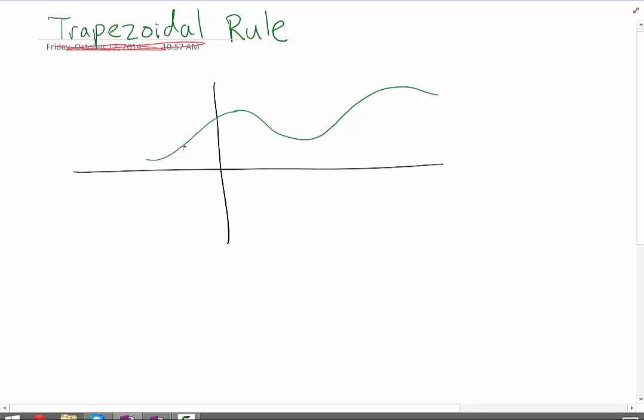So, if we're going from A to, say, B over here, we would take A, and then whatever our intervals are, if we're breaking it up into so many intervals, say these are all the intervals we made, you just take both of these and make a straight line, and that's a trapezoid right there.